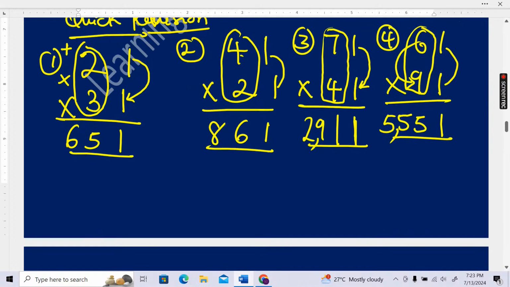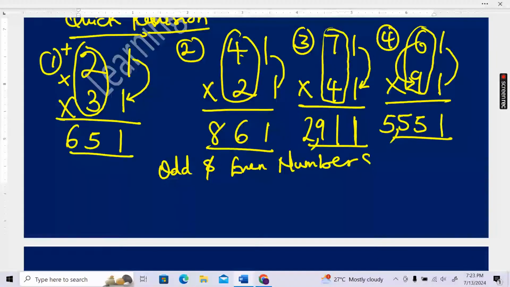Also, in the previous class, we learned how to multiply odd and even numbers by 5. But I just want to call your attention to odd and even numbers.